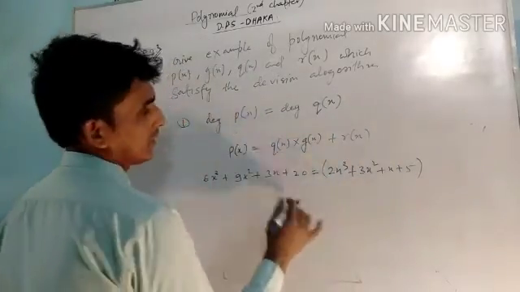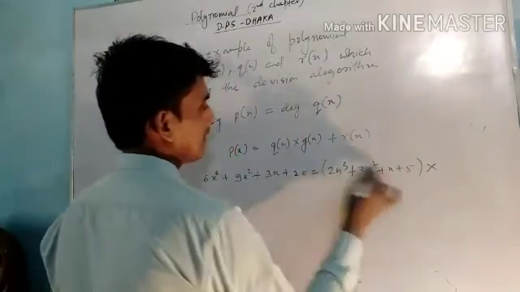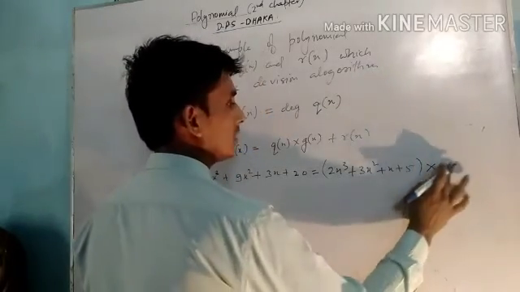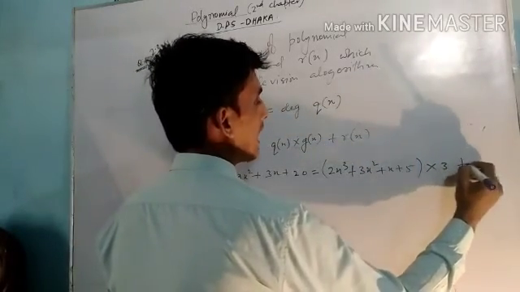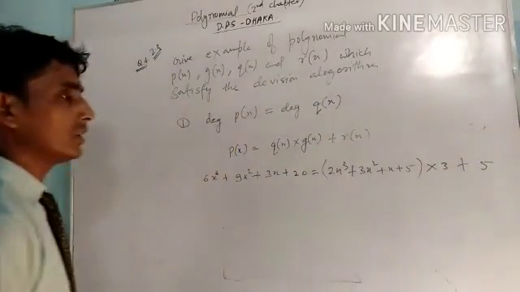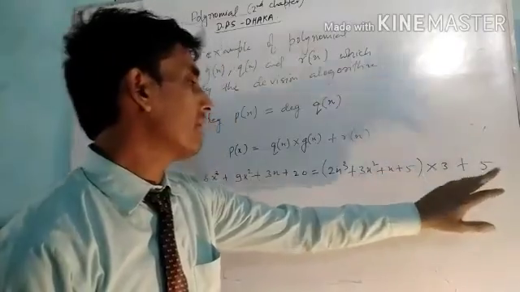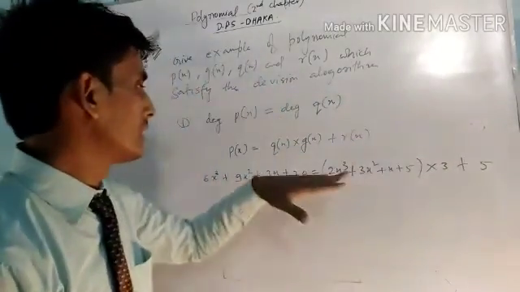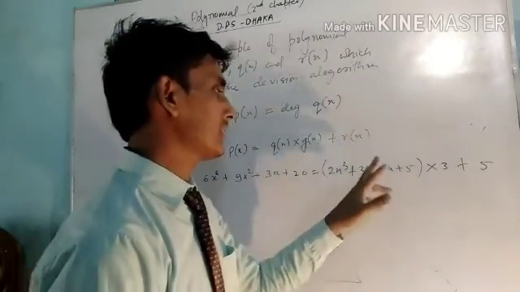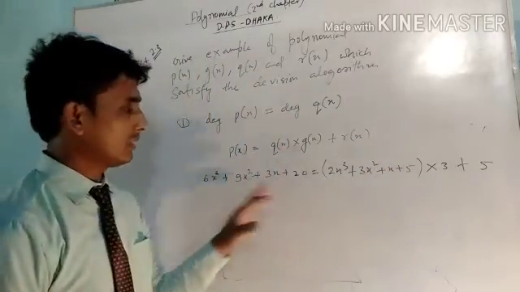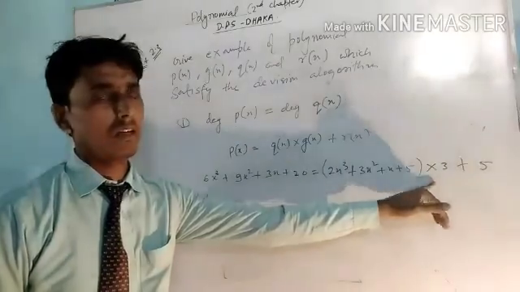So this is qx, and gx is what? gx is 3 and rx is what? 5. So if we multiply this, rx is given here 5, gx is 3, qx is 2x cube plus 3x square plus x plus 5, and px is 6x cube. So this is satisfying the division algorithm.